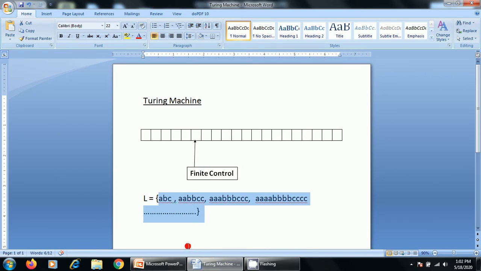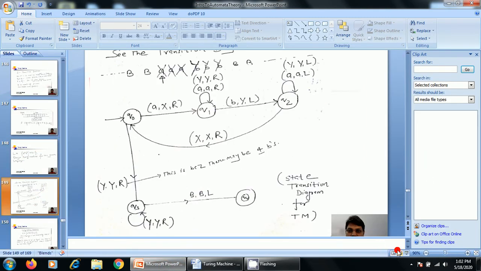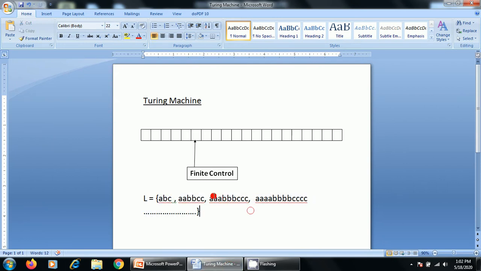How can we design this for the given language? See, we can take any string, take this one: 3 times a, 3 times b, 3 times c, and after that write B for blank, and so on.